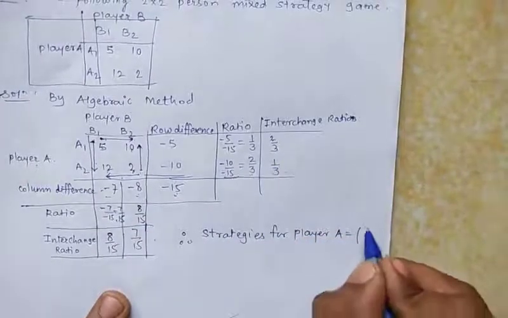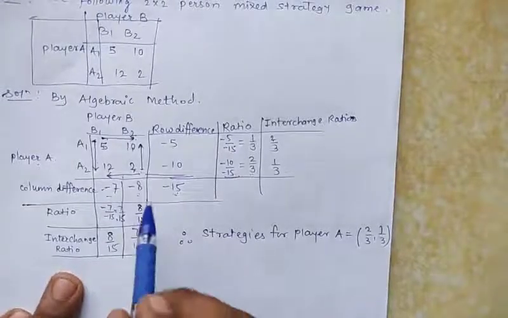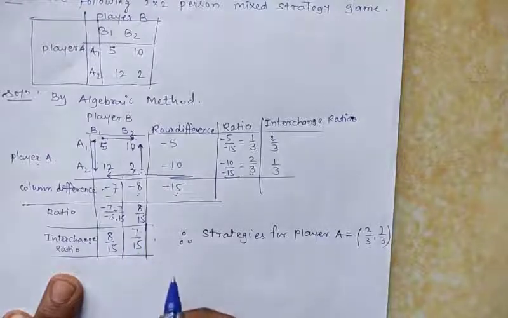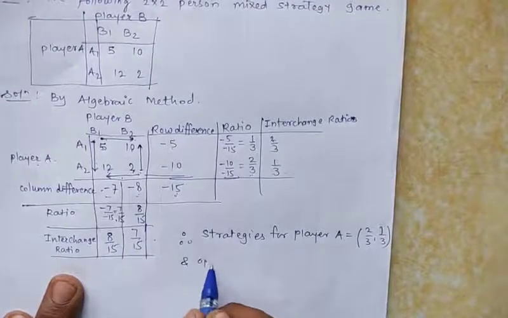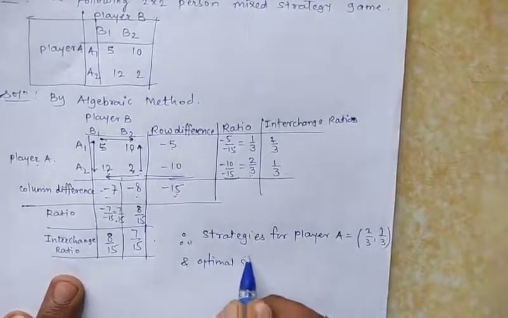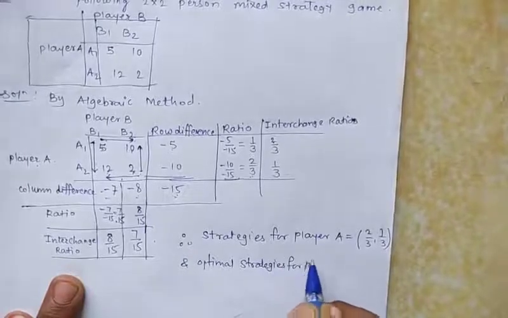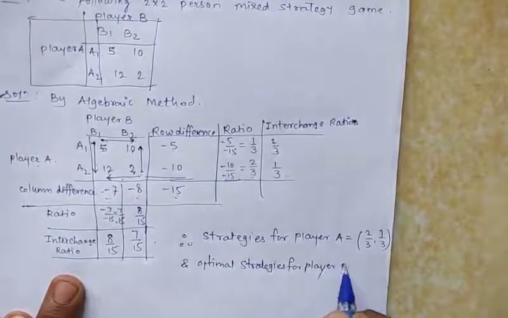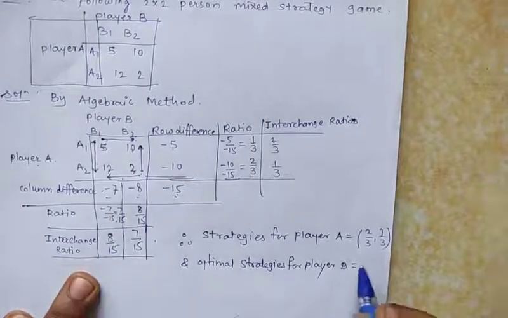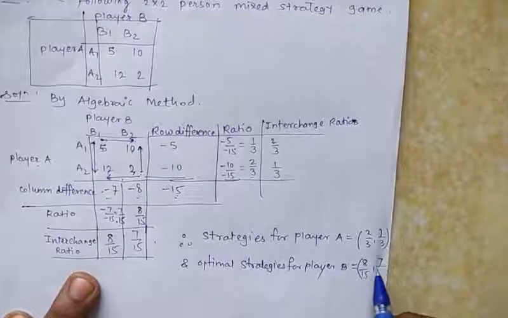Next, to find out the optimal strategies for player B, the optimal strategy for player B is 8 by 15 and 7 by 15.